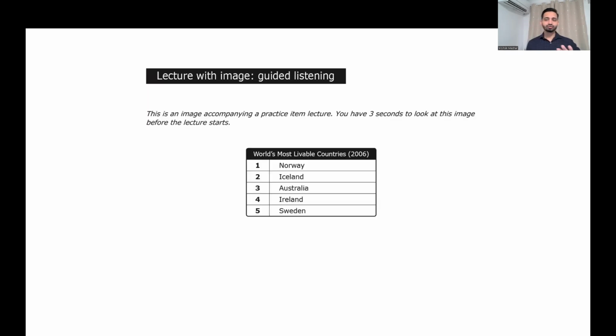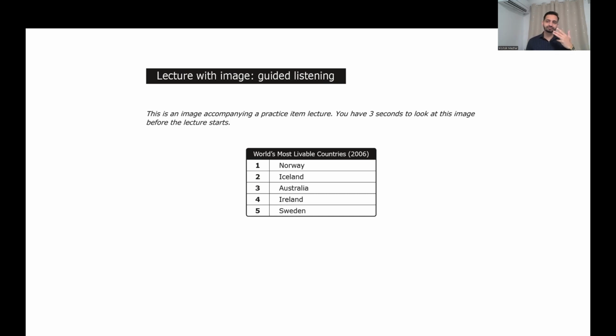Now, let's do an activity, and this one is going to be a guided listening and speaking activity. I'm going to guide you exactly how to do this exercise before we do the actual practice, okay? In here, we have an image, right? And we talked about 3 seconds.